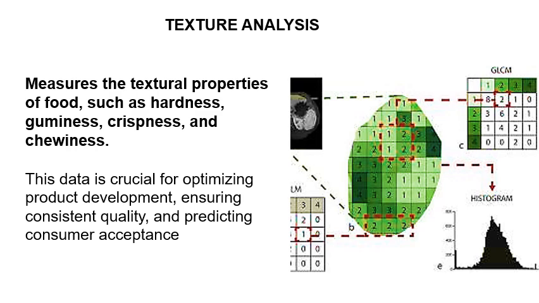So the data is crucial for optimizing product development, ensuring consistency, quality, and predicting consumer acceptance or rejection based on food production. So texture analysis has specific products that it can be applied to.